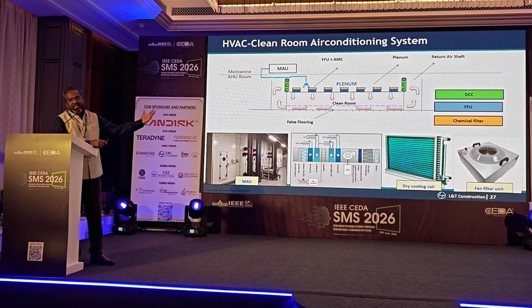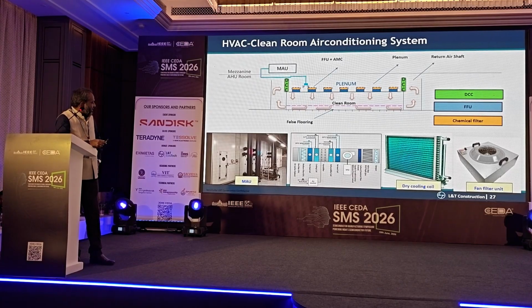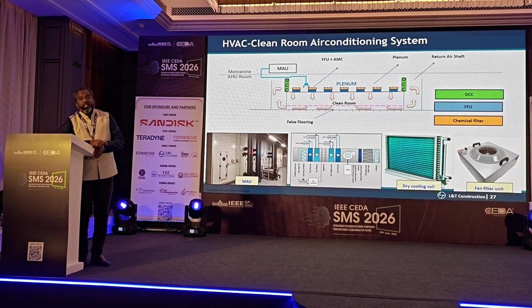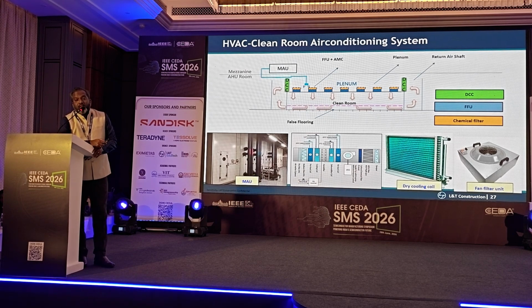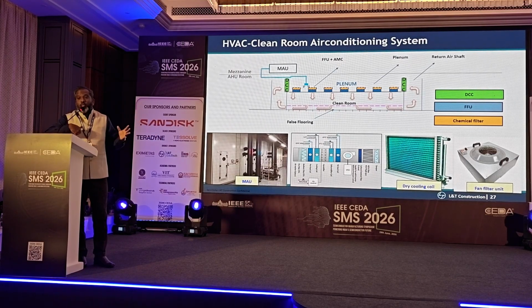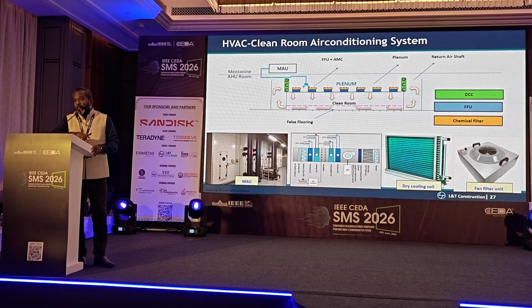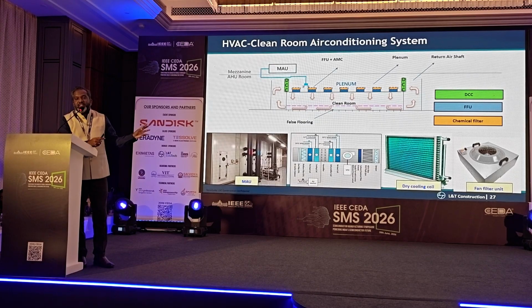And of course, air handling units, low temperature and medium temperature chillers. On the left, we have the makeup air units. The makeup air units are where the external air is used to make up for the good amount of air lost through leakages, and this will require special filtration based on location, right?